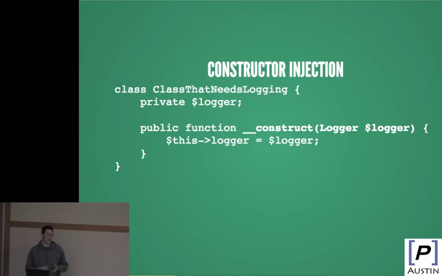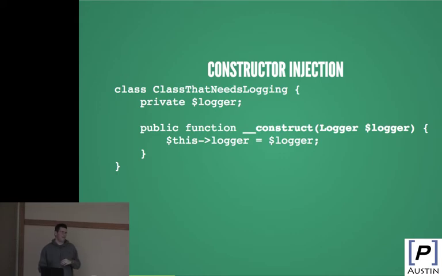So constructor injection is, well, you push whatever dependency it is into your __construct method, and you can type in there and make sure that somebody is actually giving you the dependency type that you expect as soon as the class is created in the first place.